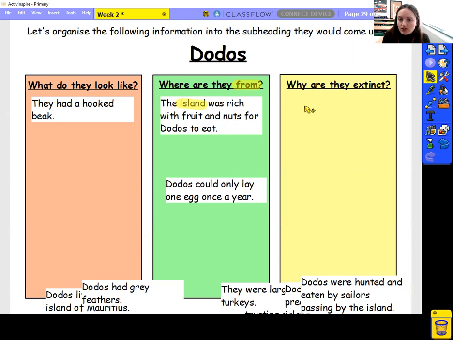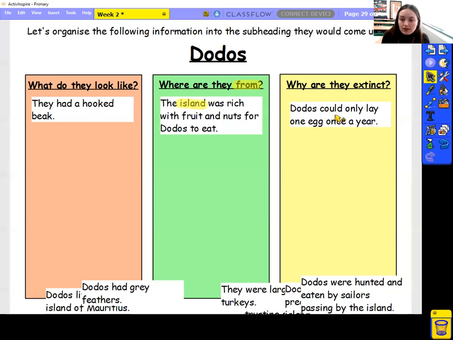Or does that give me a reason for why they are extinct? Brilliant, it tells me a reason for why they are extinct. Well done if you got that one, because that one is quite tricky. If they only have one egg once a year, then there weren't a lot of dodos, and that could be one of the reasons why they were extinct.